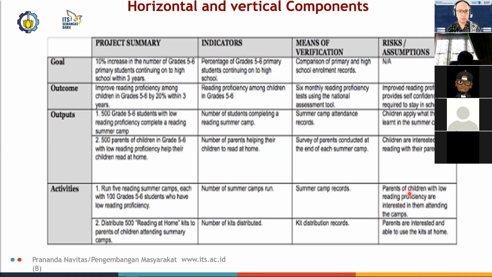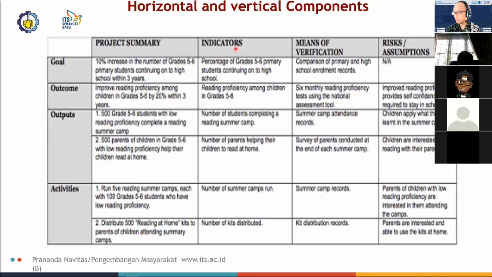But for the parents who are not willing to, the alternative solution would be to distribute reading-at-home kits to parents of children either attending the summer camps or not attending the summer camps.